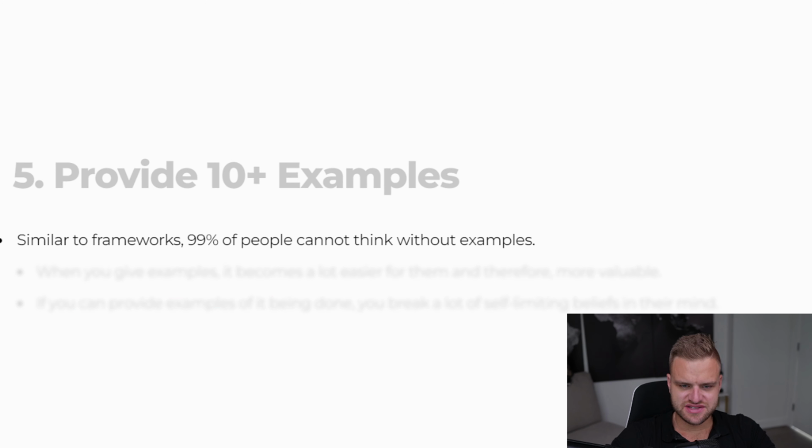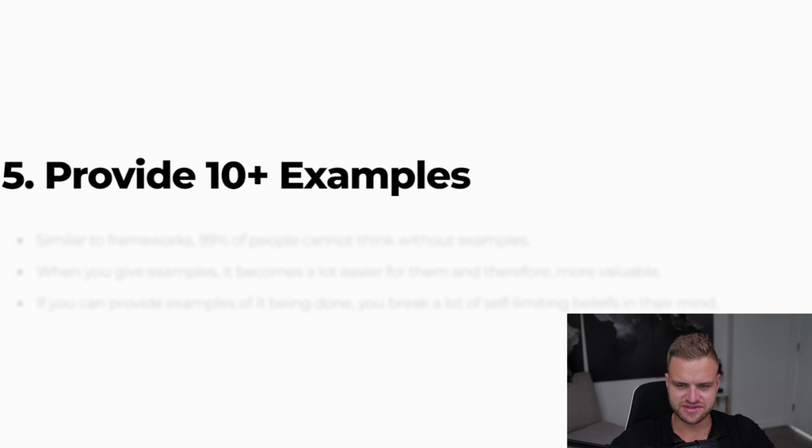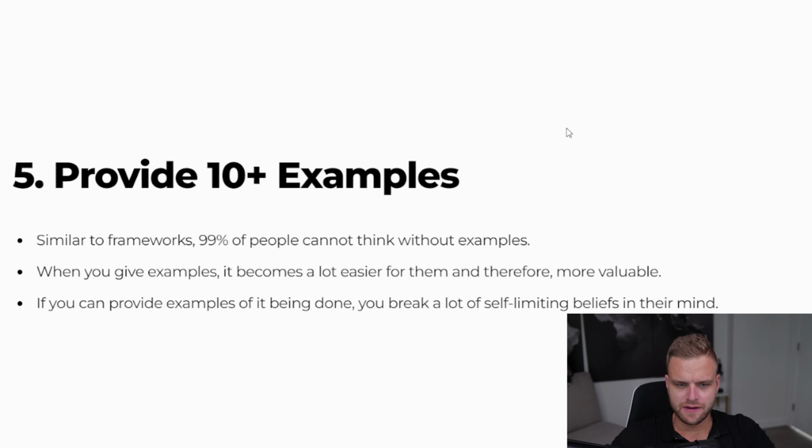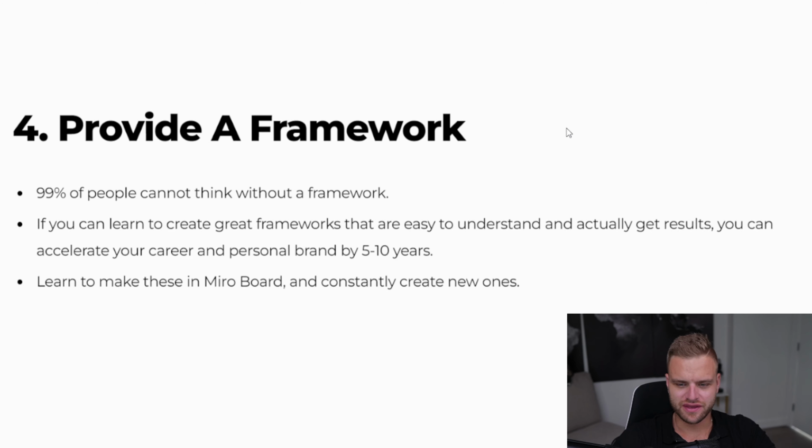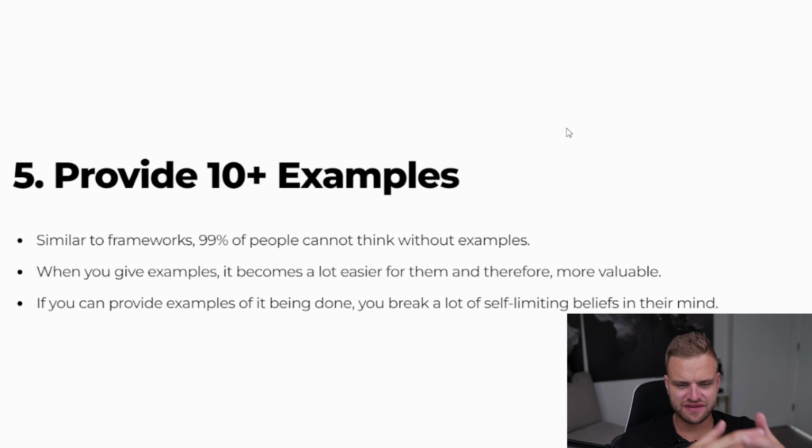The next thing is to provide 10 plus examples in every lead magnet. Similar to the frameworks, 99% of people cannot think without an example. And when you give examples, it becomes a lot easier for them to understand and conceptualize, and that makes it more valuable. It makes your lead magnet better.